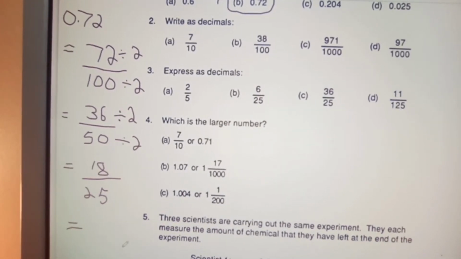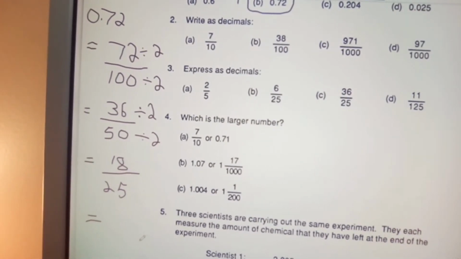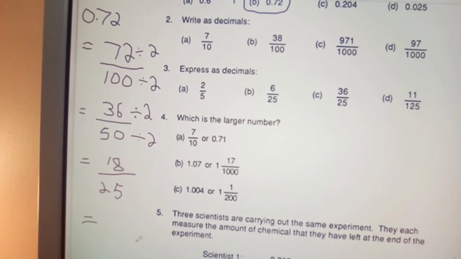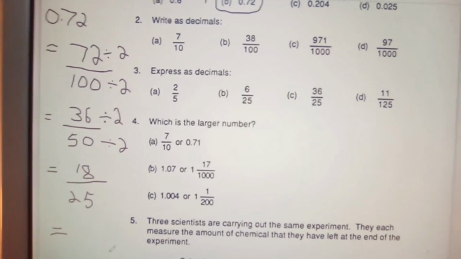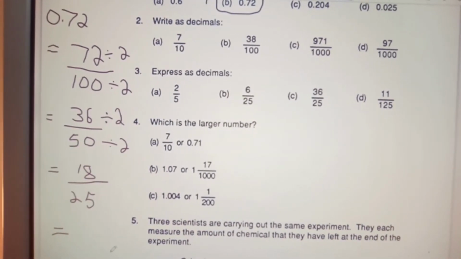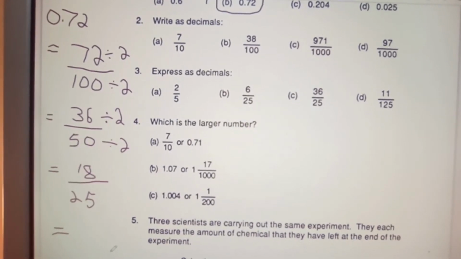Now, can we divide this any further? Seriously, if we divide 18 by 2, what do we get? 9. We divide 25 by 2, what do we get? 12.5. So it's not going to be quite right, is it?